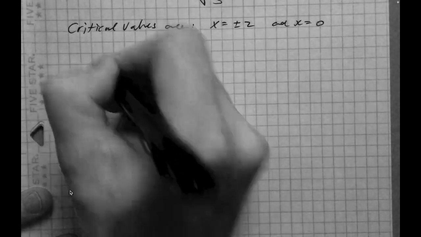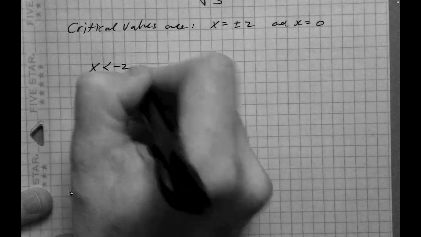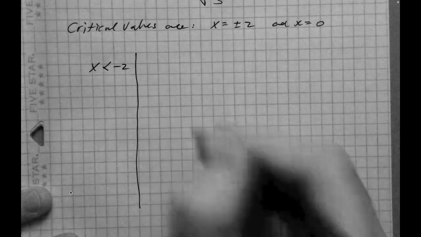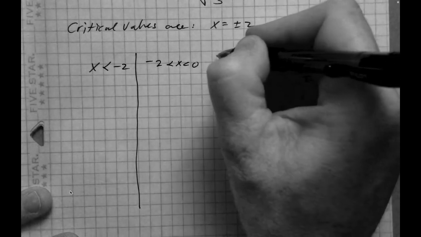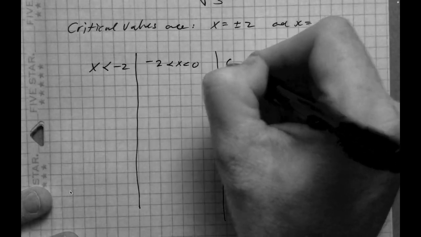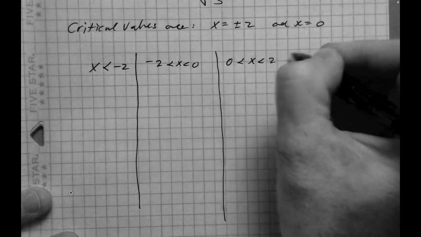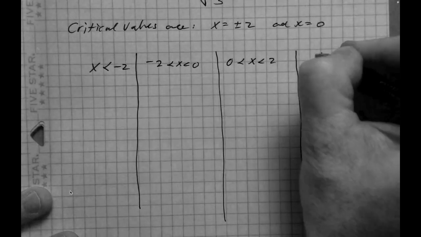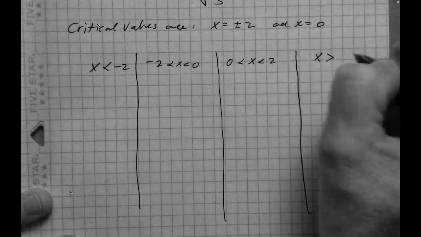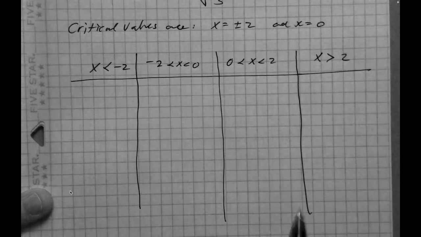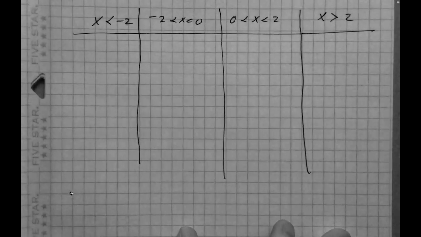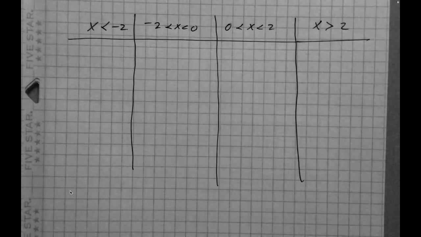So we'll have everything less than negative 2 over here. And then we'll have negative 2 to 0 here. And then 0 up to 2 here. And then, of course, the rest of the real number line, everything above 2 over here. Okay. All right, so this will be a nice way to summarize what's going on here.